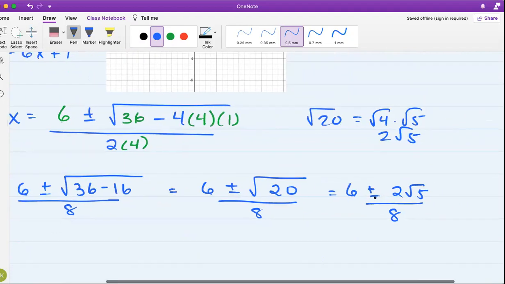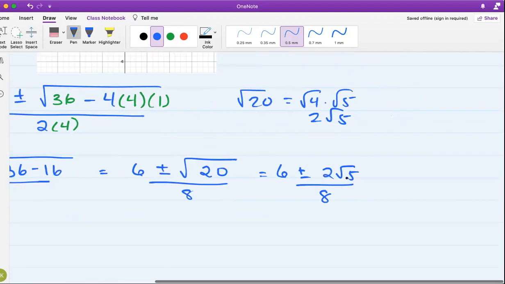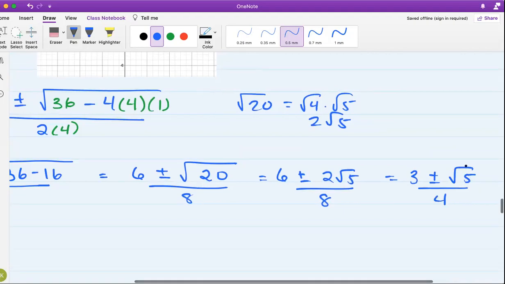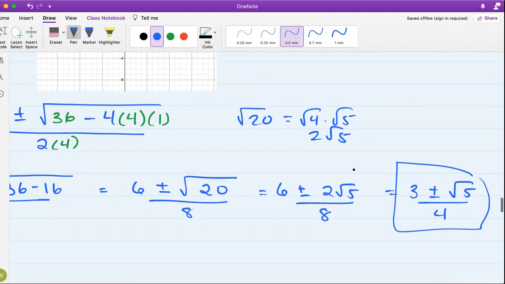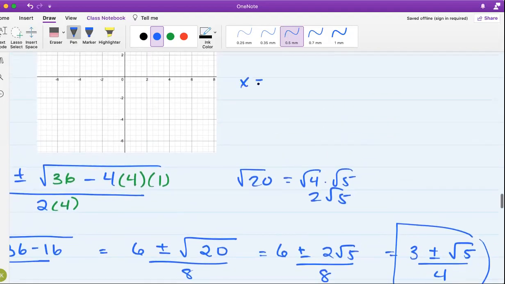We've done a lot of these, so I'm going pretty fast, but you can see that everything is divisible by 2. So you get 3 plus or minus square root 5 over 4. So our two solutions are right here. And I'm going to write them up here. So x is equal to 3 plus square root 5 over 4. And x is equal to 3 minus square root 5 over 4.